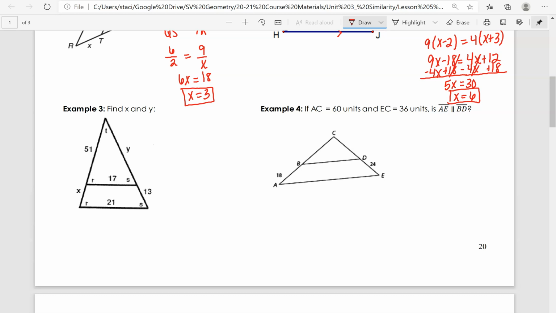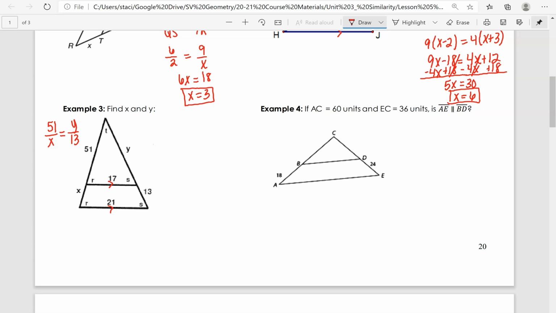On this one, if I try to set up a ratio, I would get 51 to x, and then the other ratio would be y to 13. I can't do anything with this because I have two variables, and if I cross multiply, I just get xy equals whatever 51 times 13 is. That doesn't really help me.